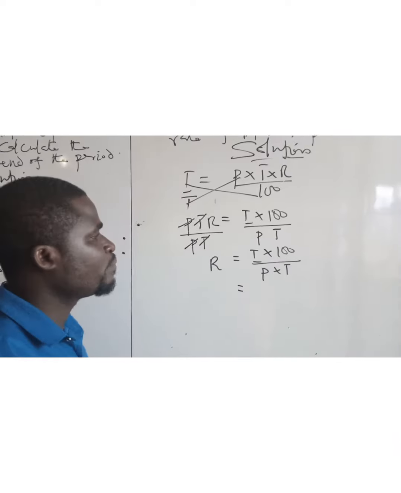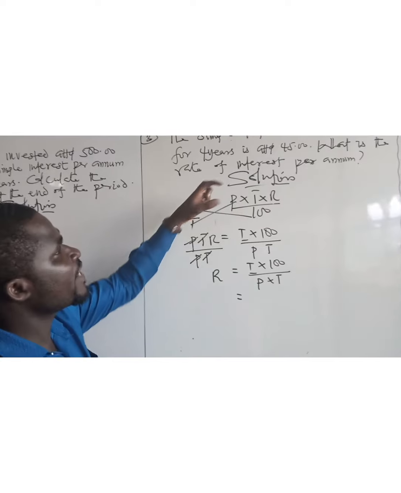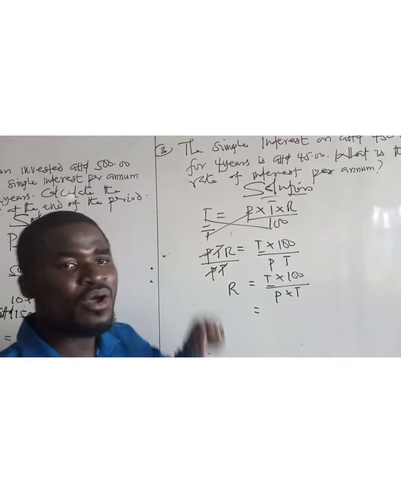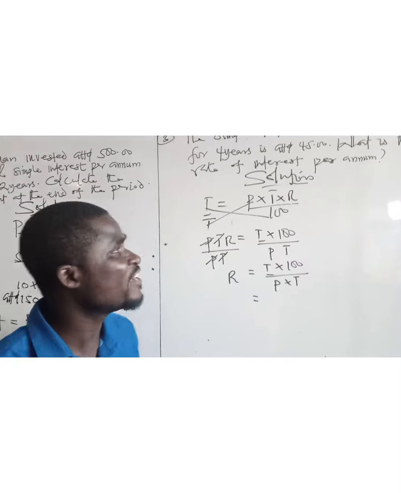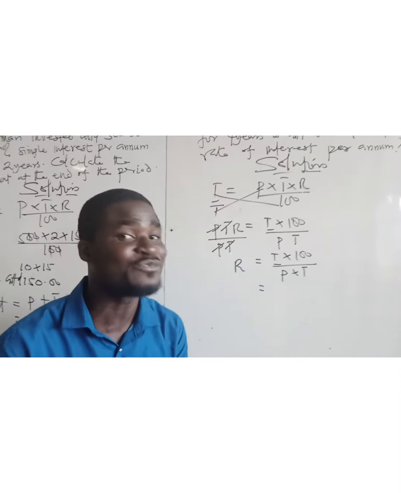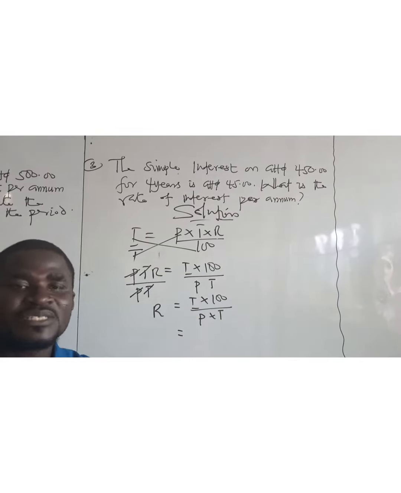Now, let's put in the values. Take note here. They give us two amounts. And always, the smaller amount is the interest. There's no way the interest will be more than the principal. So, whenever you see two amounts, always the smaller amount is the interest.